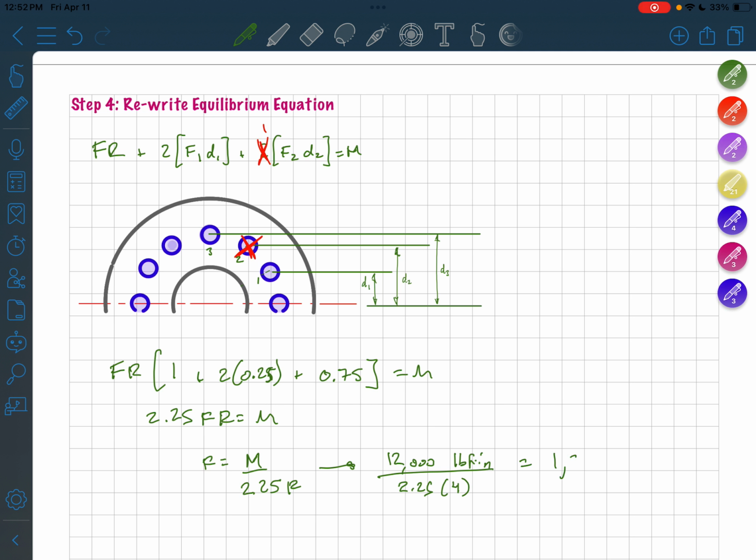We're left with 1,333 pounds force. All right, good.